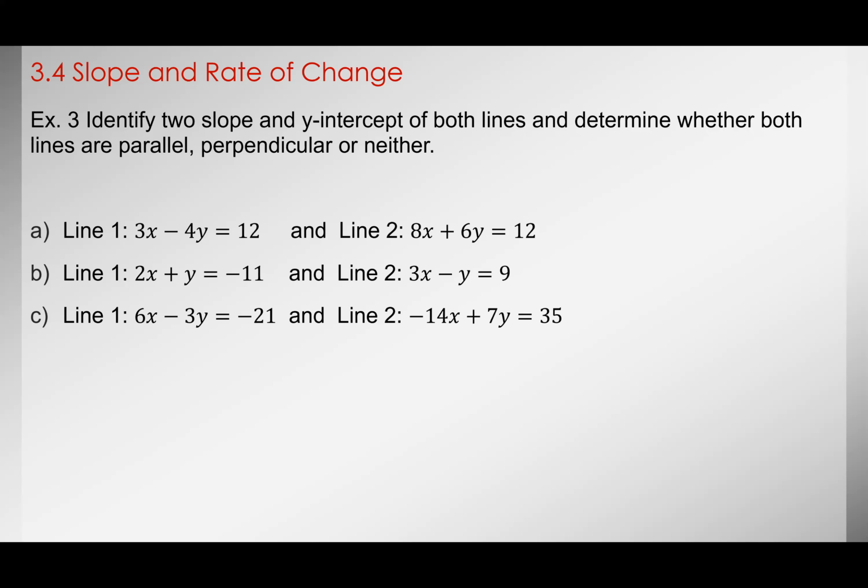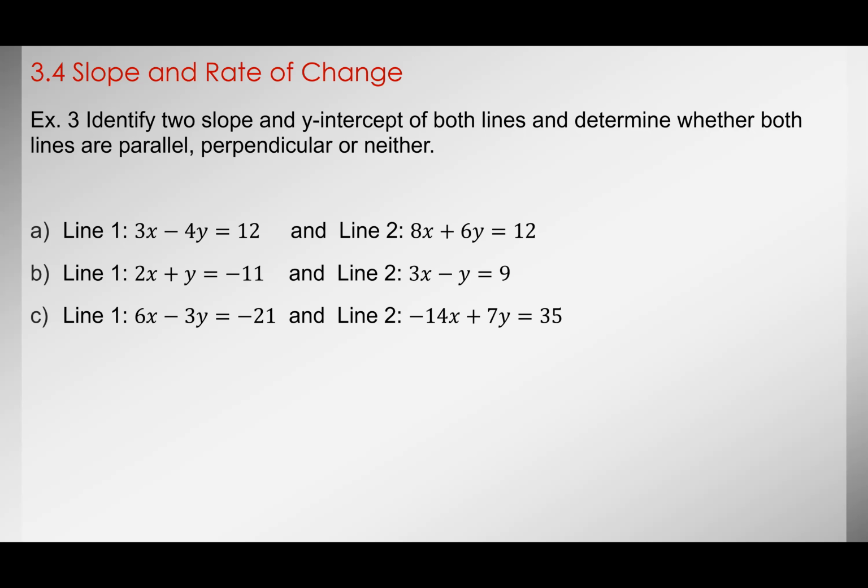And the other items you have are 2x plus y equal to negative 11, 3x minus y equal to 9, 6x minus 3y equal to negative 21, and negative 14x plus 7y equal to 35.